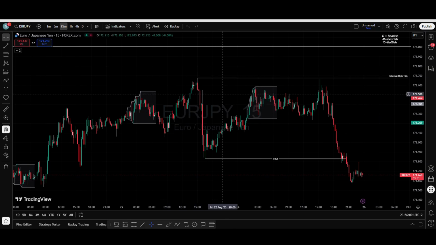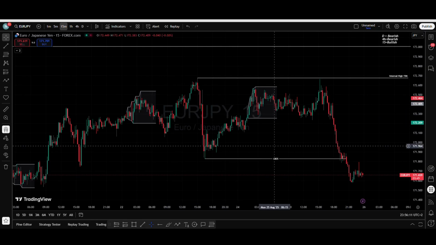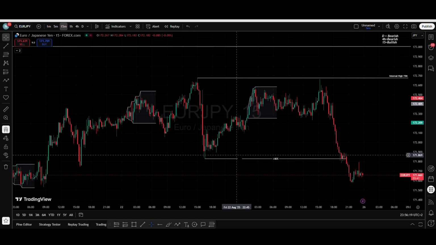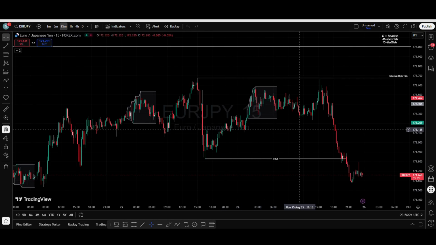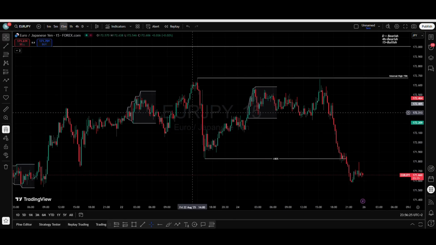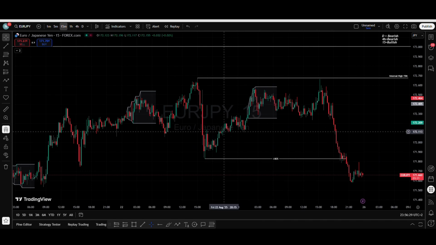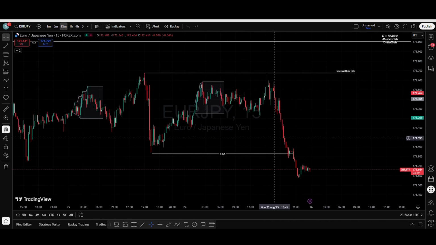The internal moves are actually big enough to be swing moves, but it doesn't really matter how you name them, as long as you understand that in terms of the immediate price action day-to-day, it's better to focus on this internal structure for Euro JPY.